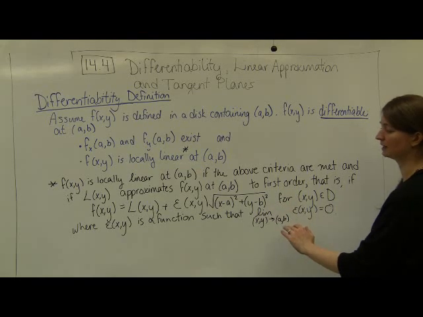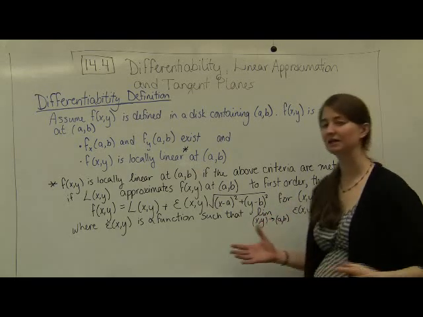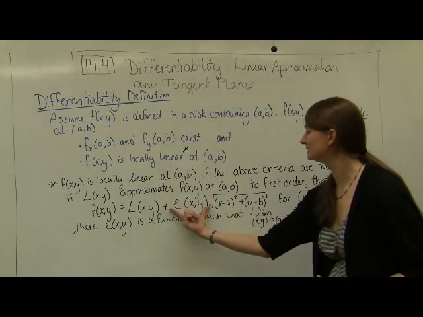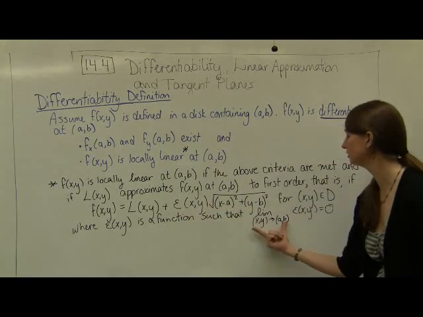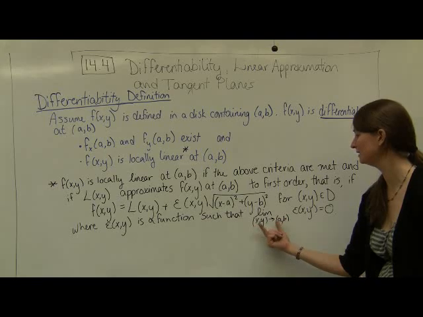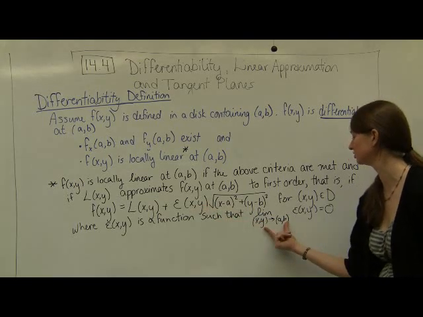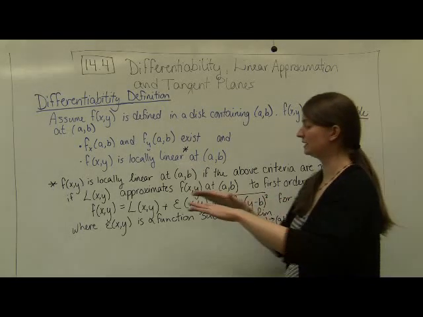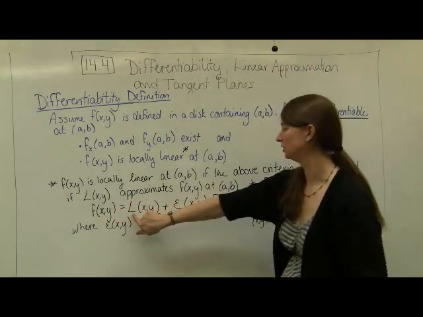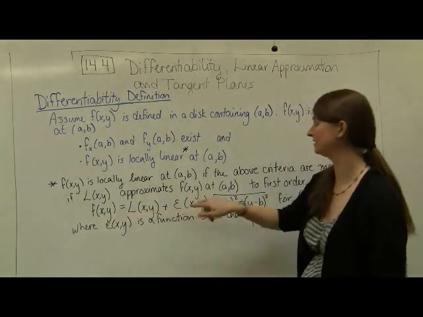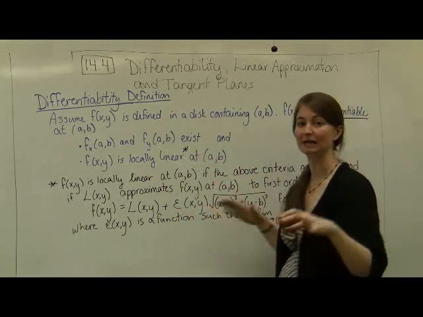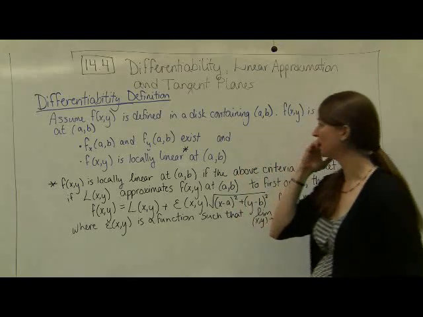Again, these are details that I'm not going to ask you to evaluate, but I think it is a good idea to have in mind that as my x, y's get closer and closer to (a, b), this error function has to go to 0. So as I zoom in on my function using this linear approximation, I have these error terms, but as I get closer and closer, this error chunk has to get closer to 0.